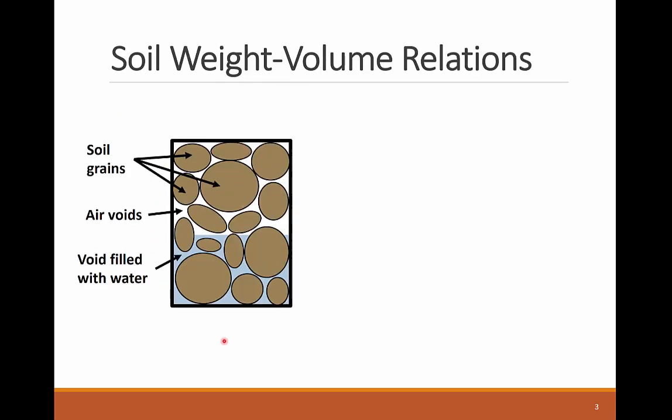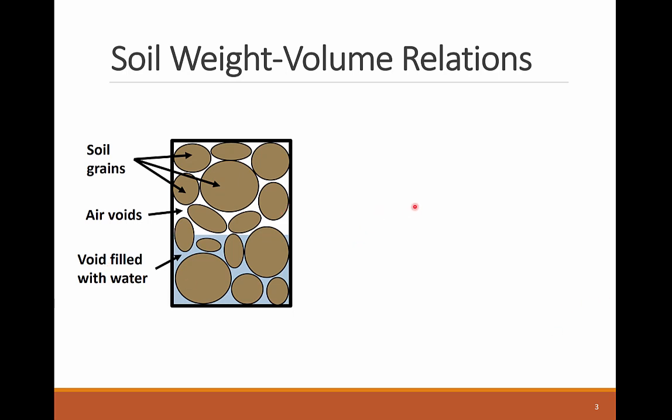A soil sample typically includes the particles of the soil solids and the voids in between. These voids can be completely empty or completely saturated with water, or in between, like the shown figure here. The soil is said to be dry when its voids are completely filled with air without any moisture or water in the soil.